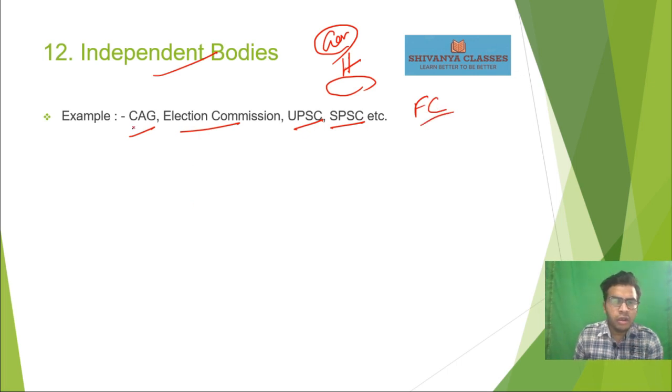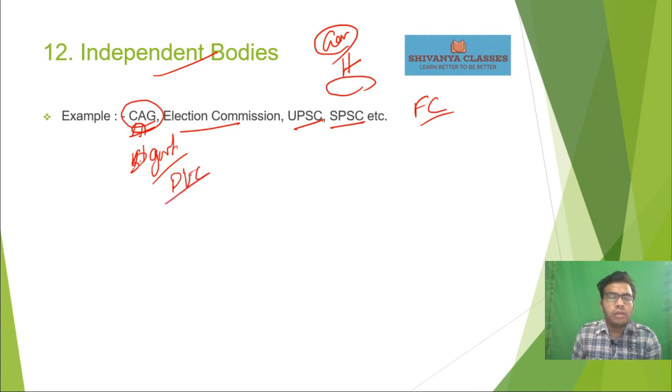What is CAG? Comptroller and Auditor General. What does it do? It audits the accounts of the union and states. Sorry, it audits the accounts of the governments. Okay, so it audits the government accounts.